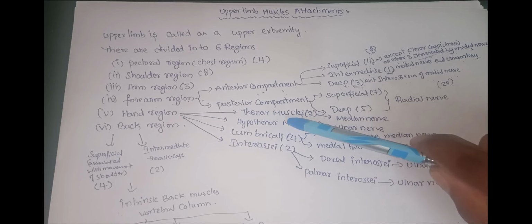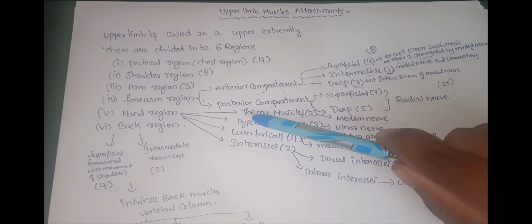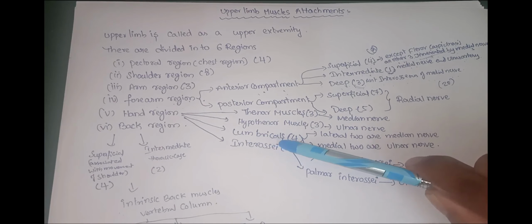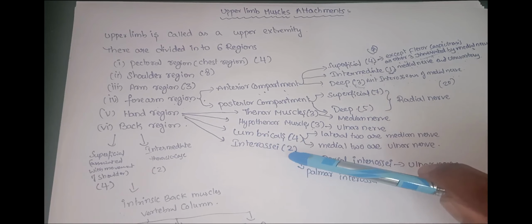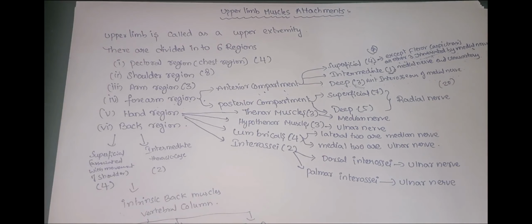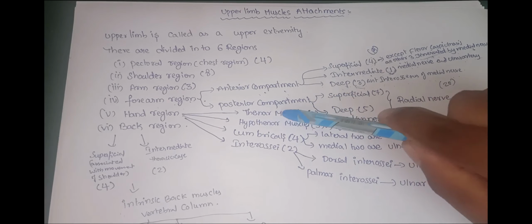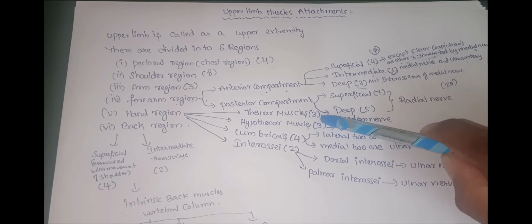Thenar compartment, hypothenar compartment, lumbricals and interossei. How many compartments does the hand region consist of? There are 4 compartments. The thenar compartment consists of how many muscles? There are 3 muscles in the thenar compartment.